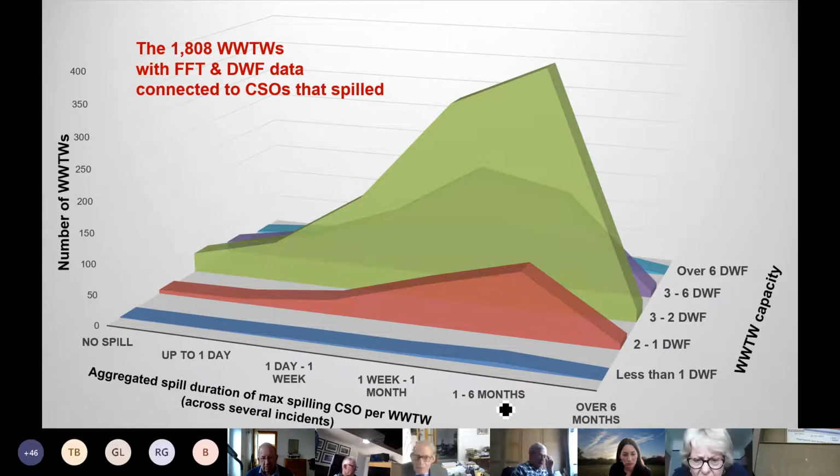So they are the ones that spill more than the others, which also indicates that it's a capacity problem. Similarly, the ones that are 3 to 6 dry weather flow, so they have a bit more than 3, actually peak at the spill much less than the other ones.